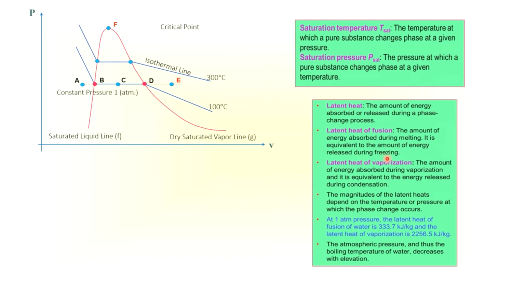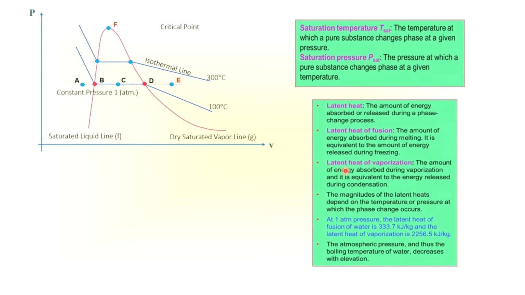Freezing, that means solidification, changing from liquid back to solid. Freezing is the term used for liquid changing back to solid, for example water changing back to ice. So in the solid stage we have ice, in the liquid stage we have water, and in the vapor stage we have steam.